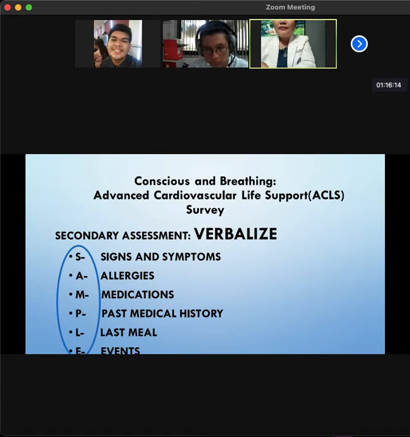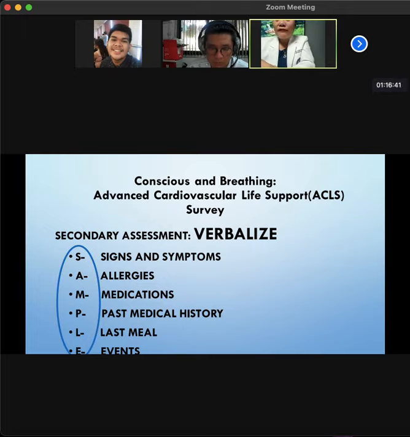So, you ask the patient kung mayroon ba siyang sakit, any signs and symptoms before, any allergies, any medications she is taking, any past medical history. If the patient has diabetes mellitus, hypertension, or allergies like those. And also you have to check or ask the last meal.